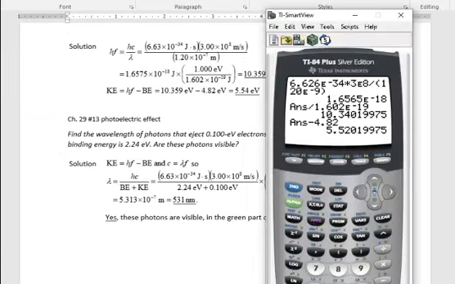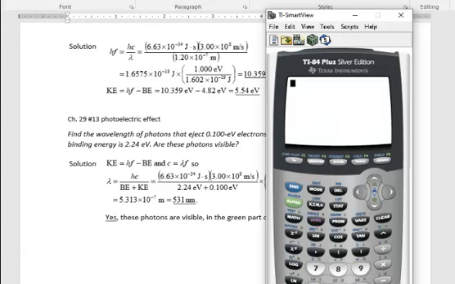So here's what I'm going to do. I take the given 2.24 electron volts for the binding energy for potassium, and I add the kinetic energy that they give us for the ejected electrons, 0.1, so 2.34 in electron volts. Now I'm going to convert that to joules.